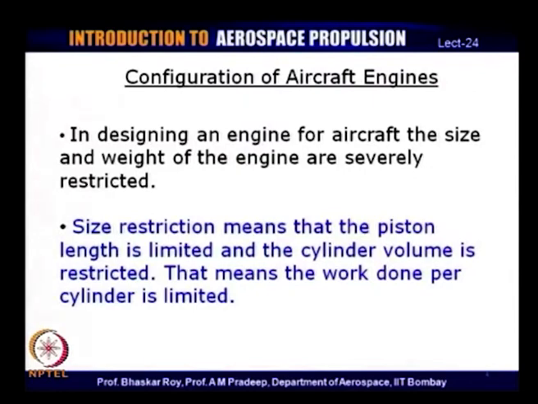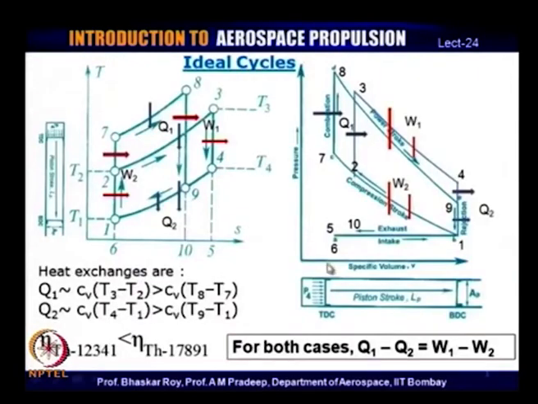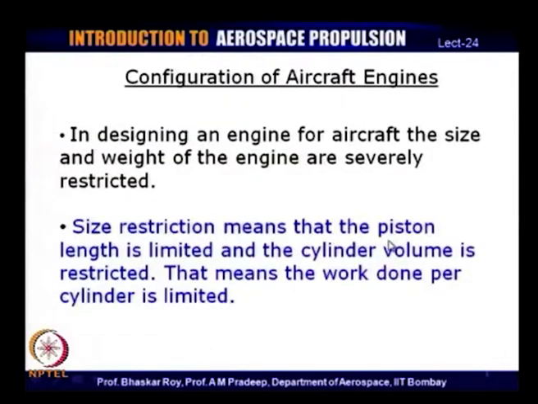So, the conclusion from the earlier slide is that you can go for a higher compression ratio, but if we move towards a diesel engine, it could become unacceptable to the aircraft designer, because diesel engines are typically heavier and would not be carried in an aircraft efficiently, taking the aircraft as a whole. So, even if the engine is more efficient, the aircraft as a whole would become an inefficient device. That is one of the considerations.